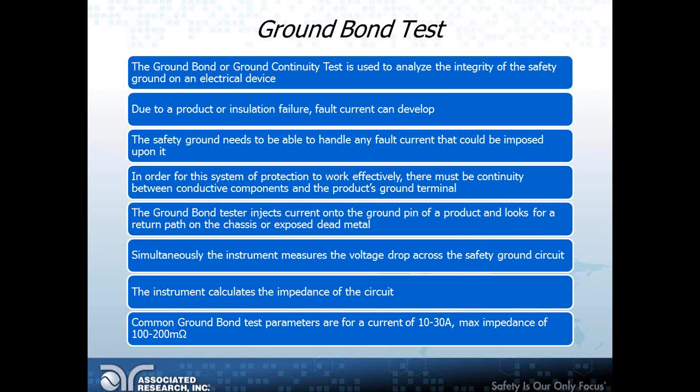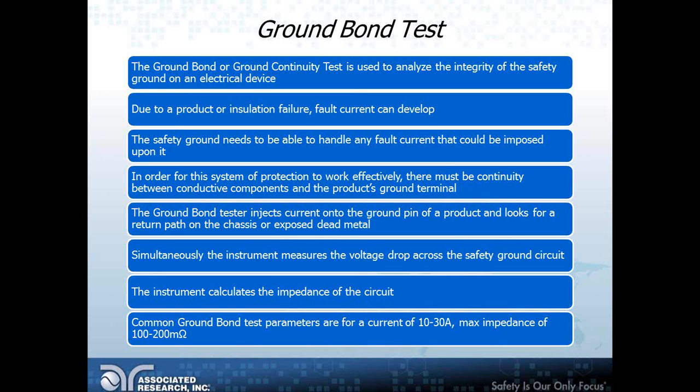Simultaneously, the instrument must also measure the voltage drop across the safety ground circuit to calculate the impedance of the circuit. Common ground bond parameters are a current of between 10 to 30 amps with a maximum impedance of not more than 100 to 200 milliohms, and the voltage drop is not to exceed 12 volts.